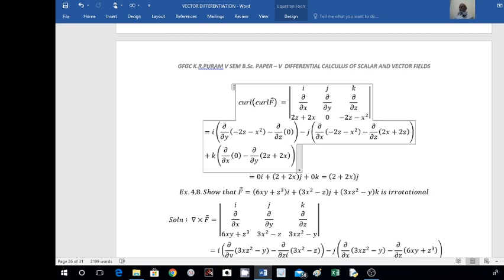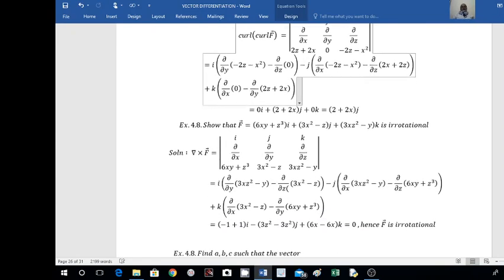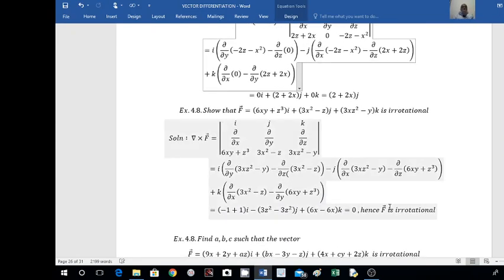Okay, next. Show that f equal to (6xy plus z cube) i plus (3x square minus z) j plus (3xz square minus y) k is irrotational. By the definition of irrotational, when do we say that a function is irrotational? If the curl of that function is equal to 0.